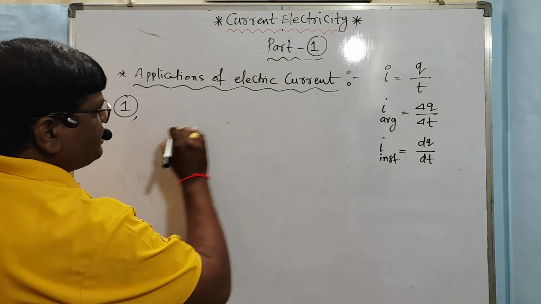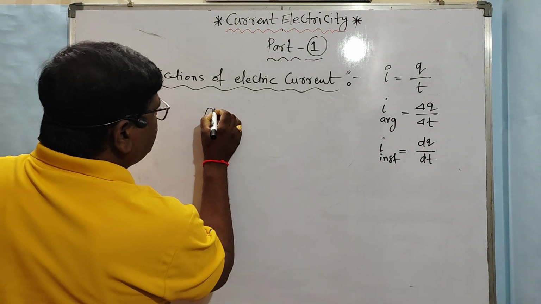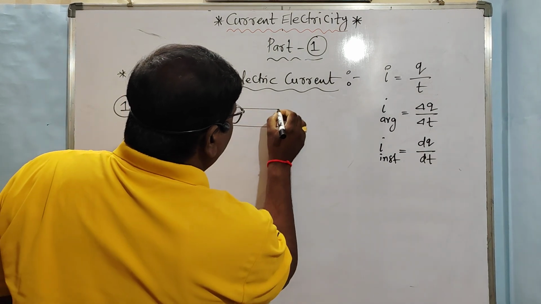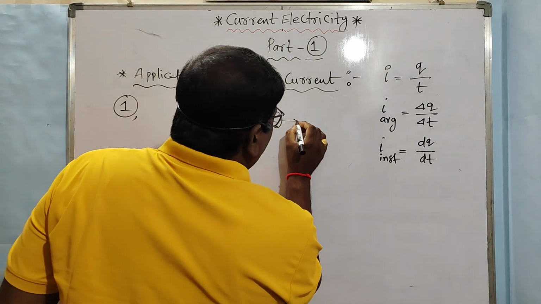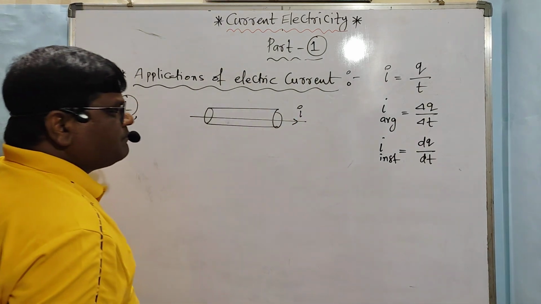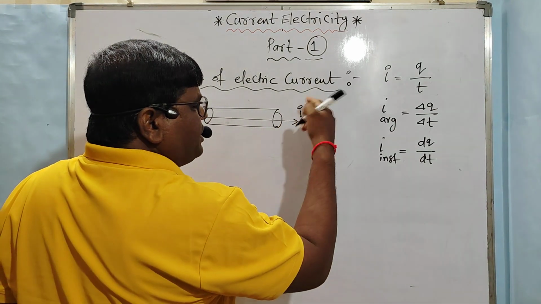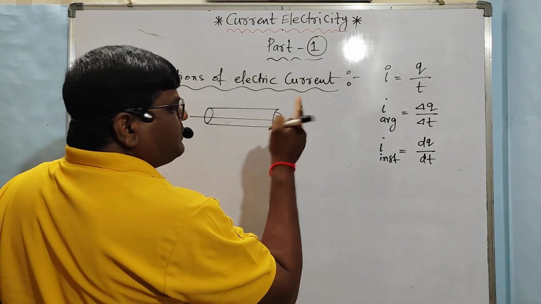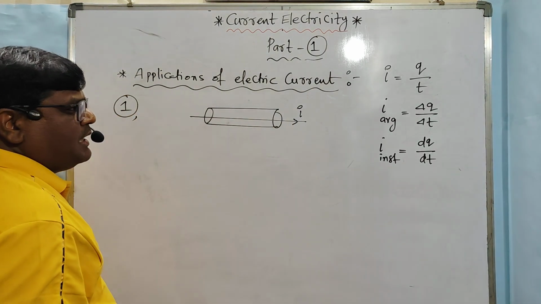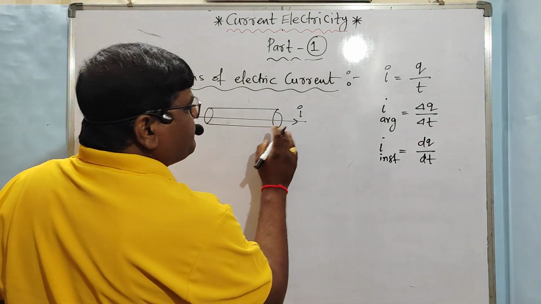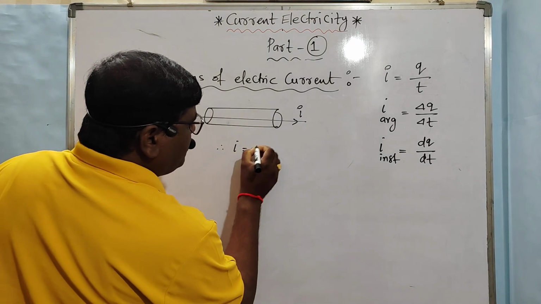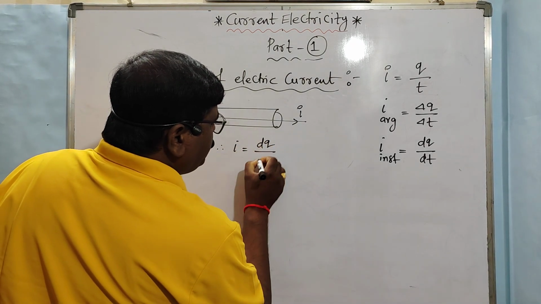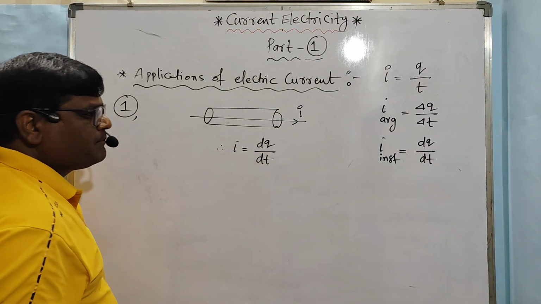For example, this is one conductor, and through this one, current I is flowing. This current is changing with respect to time continuously. Then how much charge is flowing through this one? We know that I is equal to dq by dt.